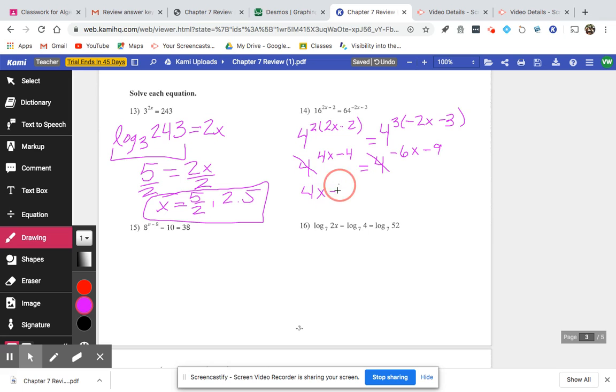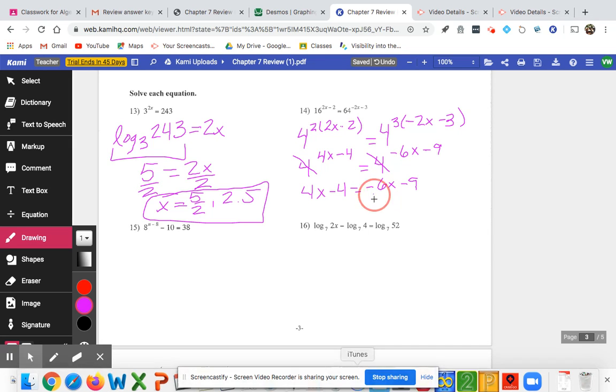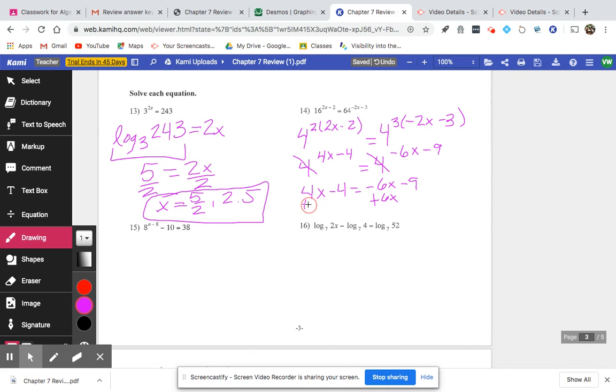So we have 4x minus 4 equals negative 6x minus 9. This is pretty straightforward algebra. We add the 6x to both sides, and I'm going to add 4 to both sides. So goodbye and goodbye. That leaves us with 10x equals negative 5. If you divide, x is negative 1/2.